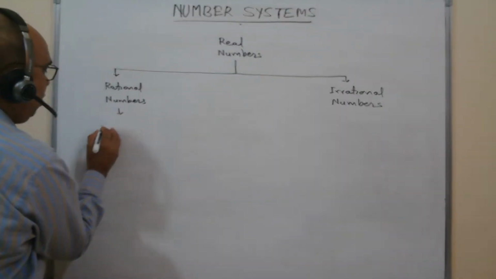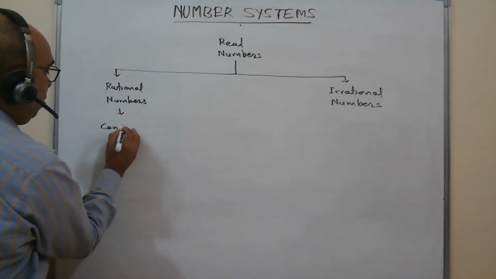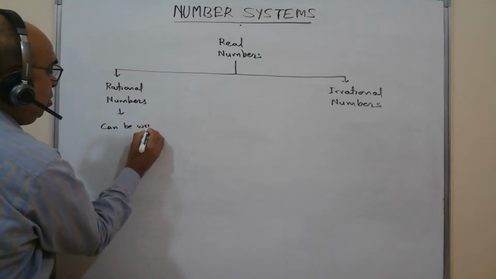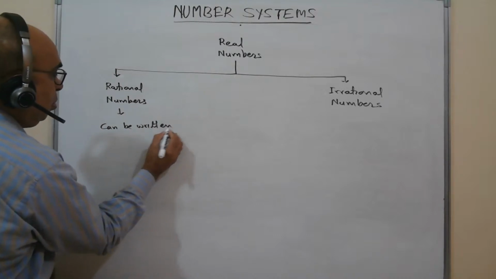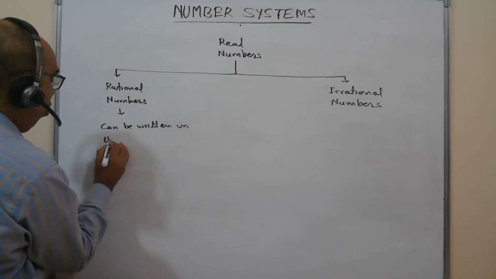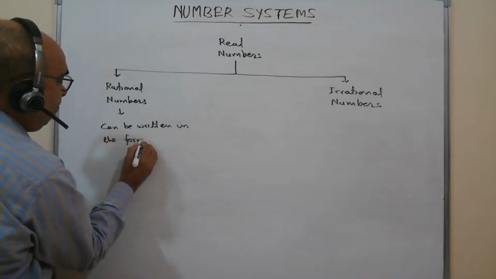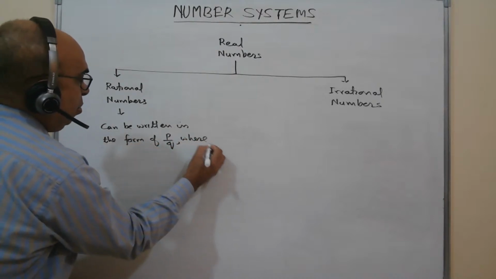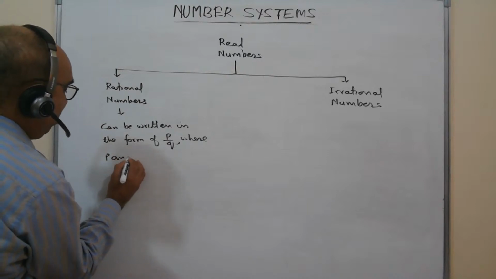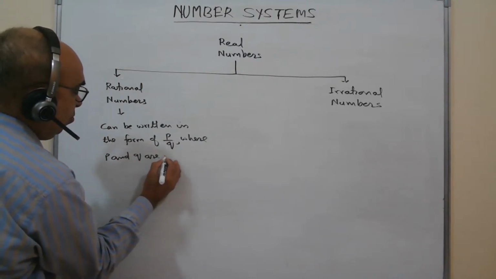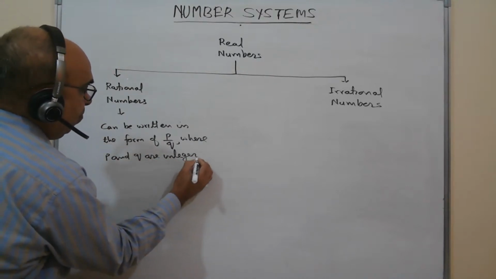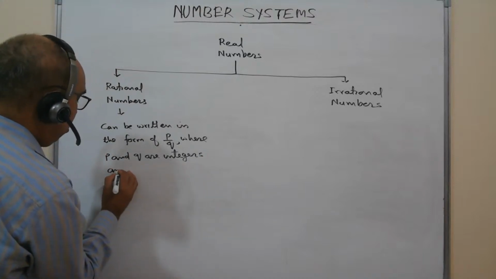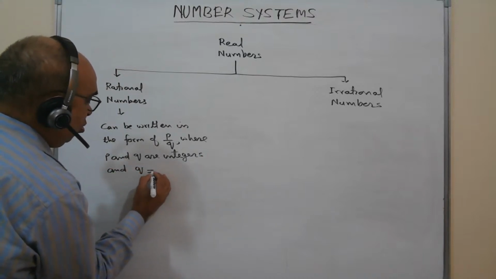A rational number can be written in the form of P over Q, where P and Q are integers and Q is not equal to 0.